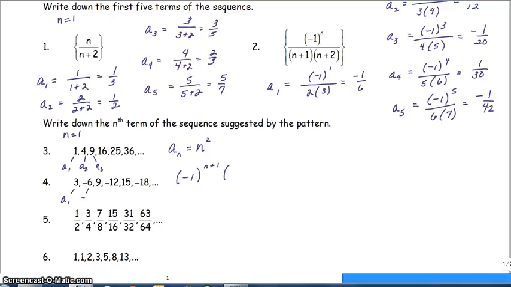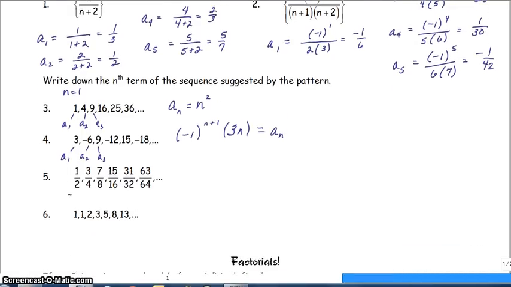And then a sub 2 is negative 6, a sub 3 is 9, and so I noticed that to get from n to the term, I would multiply by 3. So this I could write as 3n, and that would be the value of a sub n. So a sub n would equal negative 1 raised to the n plus 1 power times 3n.